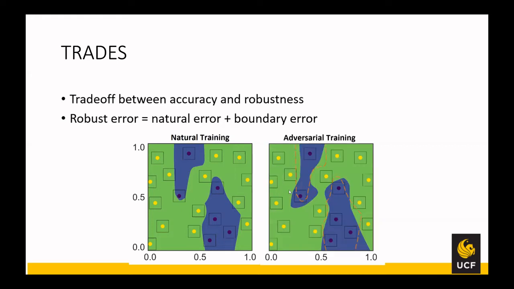In this image on the right, the TRADES algorithm pushes the boundary away from training samples. This orange dashed line is the class boundary from the image on the left. And we can see that this new class boundary no longer passes through any of the L-infinity boxes. This reduces the boundary error and increases network robustness.